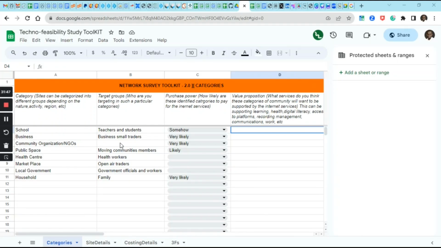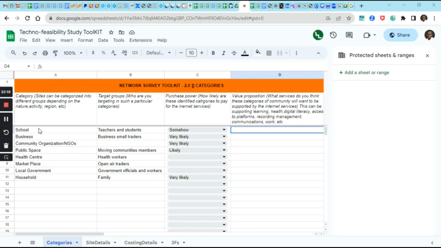Okay, so the first thing to do is to know the categories. So you can decide to divide your area into different categories based on the activities of different groups. So for example, we can say in your network, you'll be serving schools, you'll be connecting businesses, NGOs and groups, you'll be connecting the public through hotspots, you'll be reaching out to health centers, markets and local government plus households.